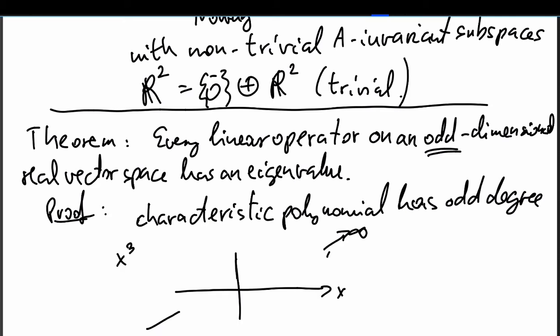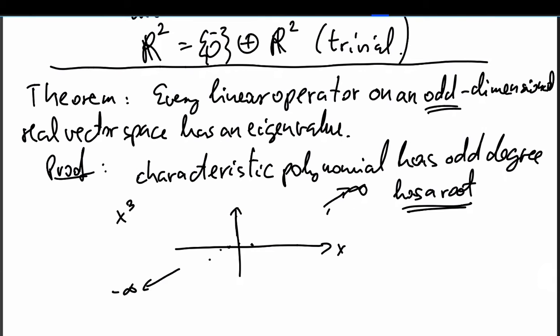As x approaches negative infinity, it goes to negative infinity. So at some point it must cross the x-axis, where it has a root. And this root will be an eigenvalue.